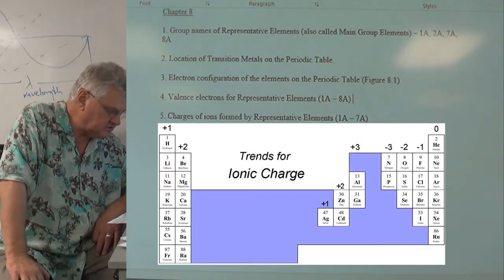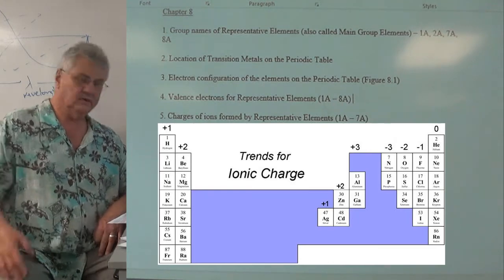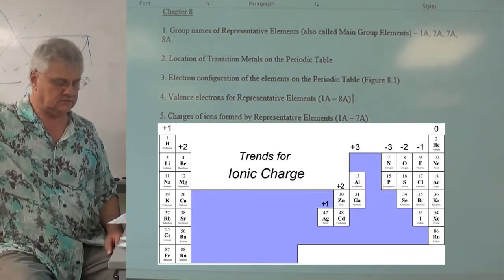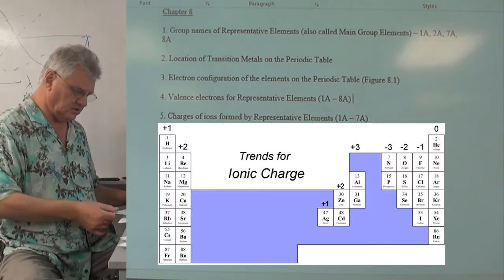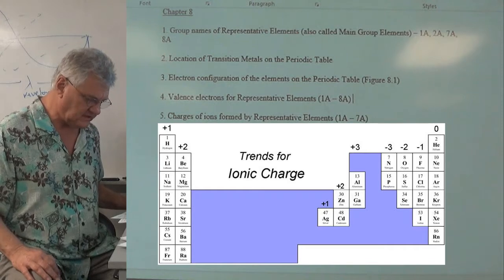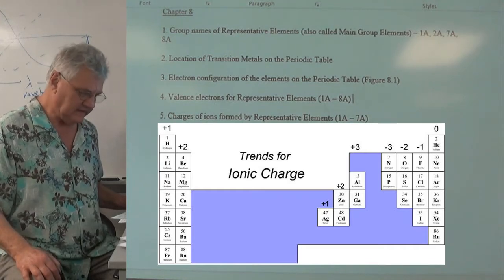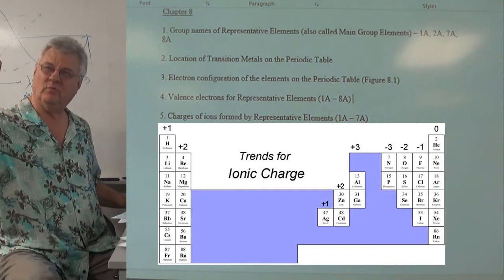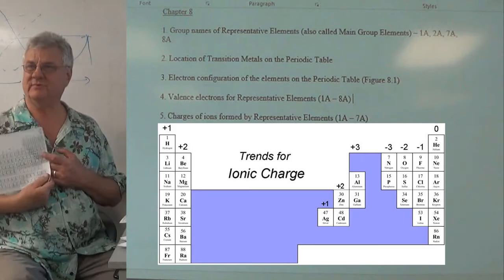What are the charges of the ions in group 2A? Plus two. They lose two valence electrons, they lose two negative charges, they end up with a plus two charge. What about the halogens, group 7A? Negative one. If they gain one more electron, they'll have the same number of electrons as the noble gas right next door.